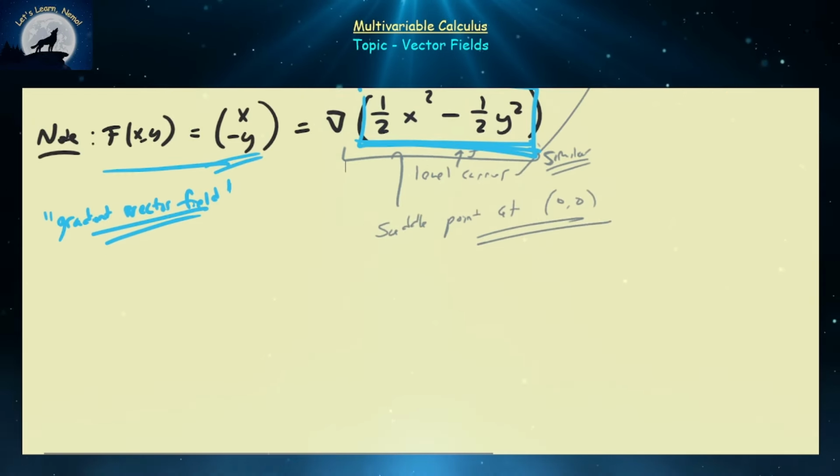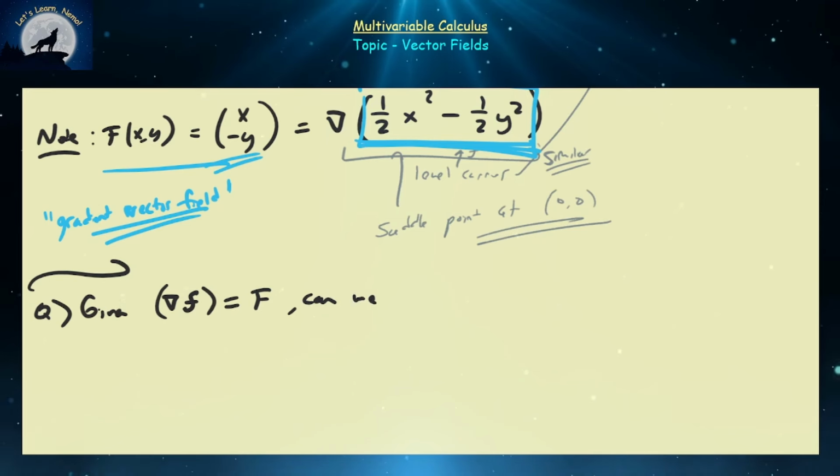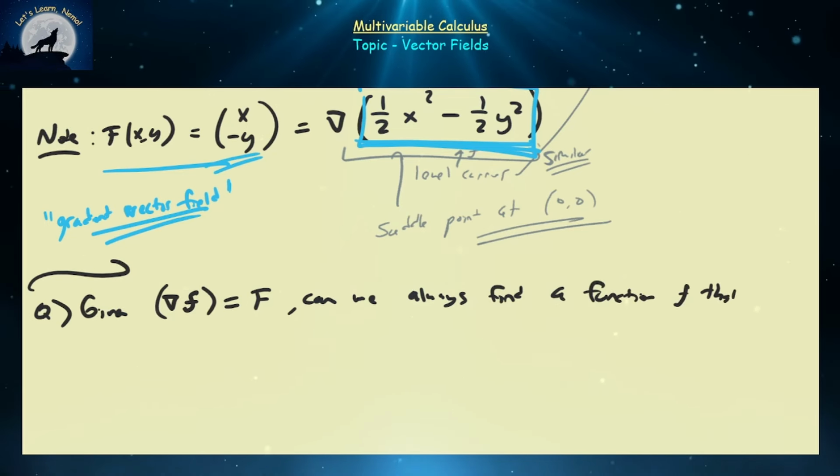But one can naturally ask, okay, well, what if I didn't know this was 1/2 x squared minus 1/2 y squared? Maybe you're not good at guessing these particular things. So let's ask this more general question. Given the gradient of little f, and let's call that, for example, capital F, can we always find a function f that satisfies this?